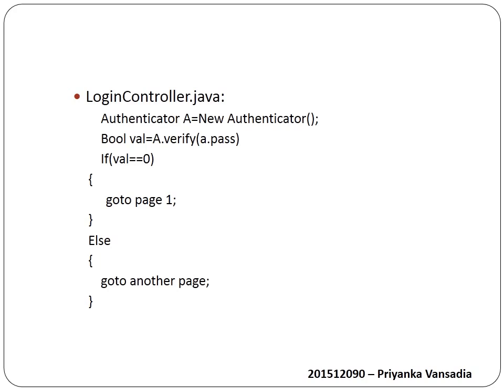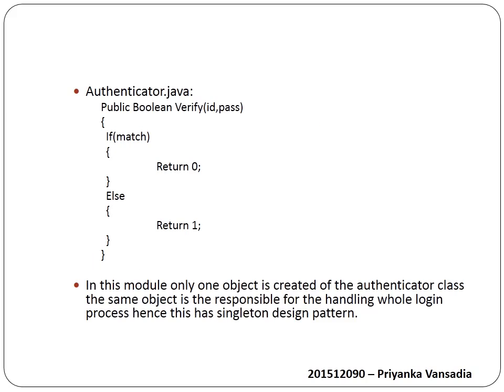The authenticator class replies to the login controller class, and according to that reply, further action is taken. In this module, only one object is created of the authenticator class. The same object is responsible for handling the whole login process, hence this has the singleton design pattern.